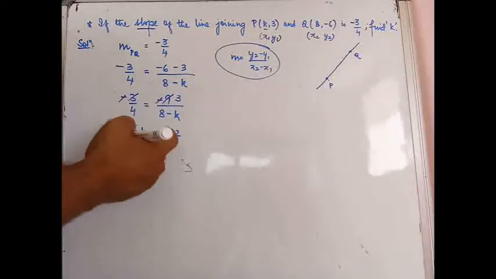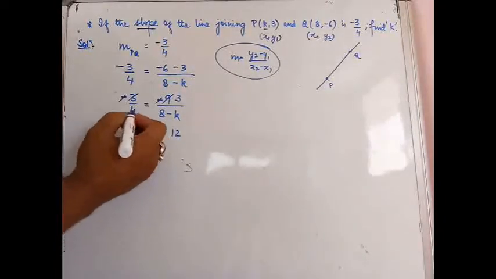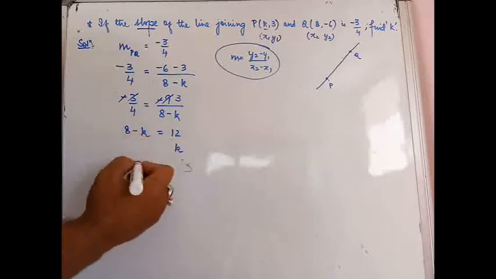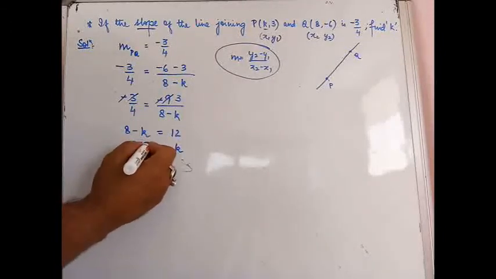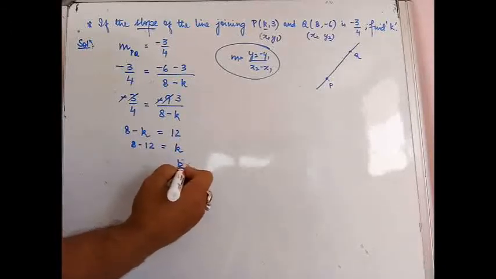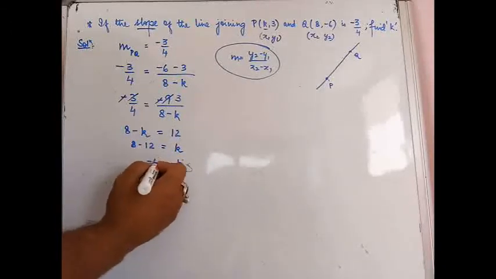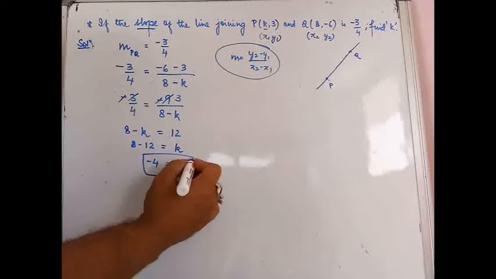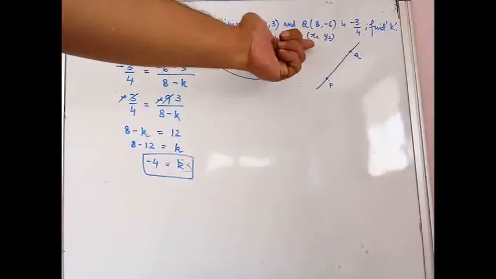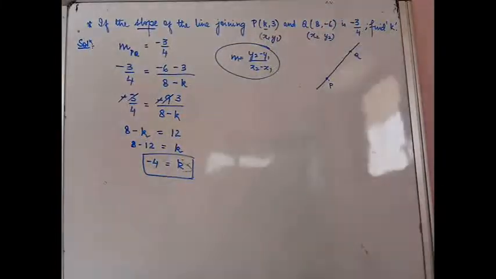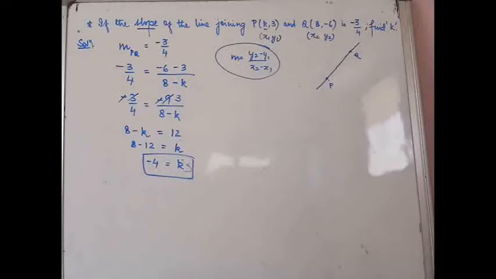So 4 3s are 12. Minus k can be taken to the right side, it will become plus k. This 12 comes to this side, you will have 8 minus 12. So the value of k comes out to be minus 4. So if the slope of the line joining the 2 points is given, you have to find an unknown, this is the formula to use.